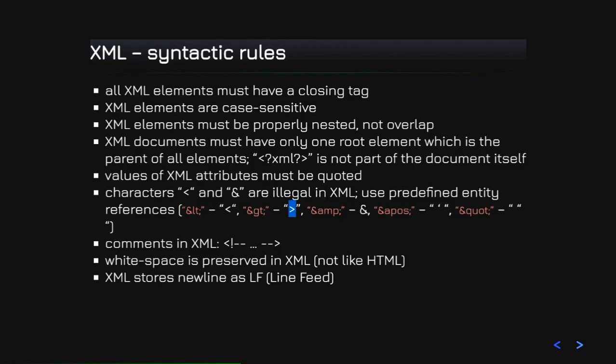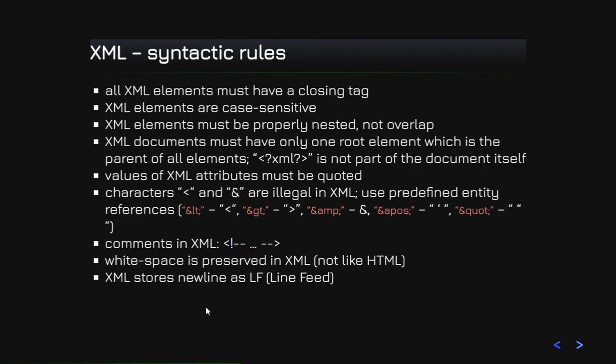You should use predefined entities: this lt instead of this one, this gt instead of this one, this amp instead of this ampersand, this apostrophe entity instead of this apostrophe, and this quot instead of this quote. Okay, comments in XML are done the same as in HTML using these symbols.